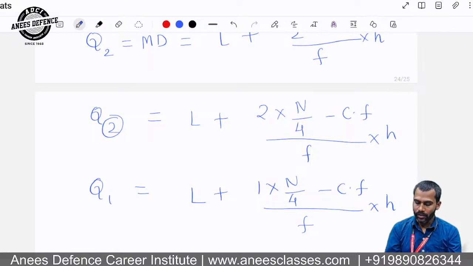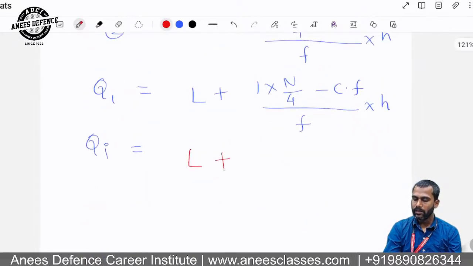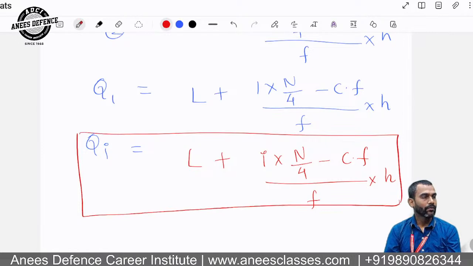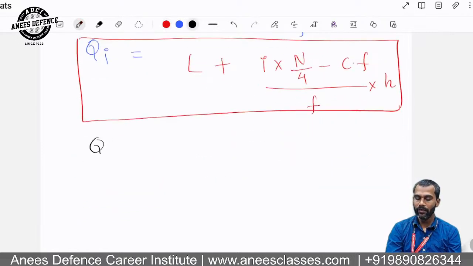Now I'm generalizing the formula. Qi is nothing but L plus i into n by 4 minus CF divided by F into H. So this is the formula for Qi for continuous data. And what is quartile deviation?